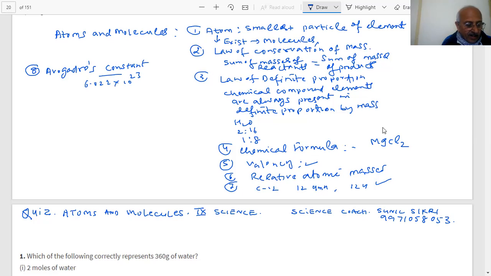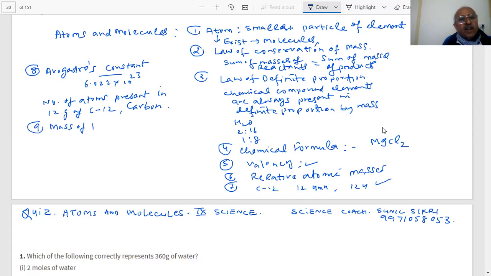This is the number of atoms present in 12 grams of the C-12 isotope of carbon. Clear? And the mass of 1 mole of a substance is known as its molar mass.